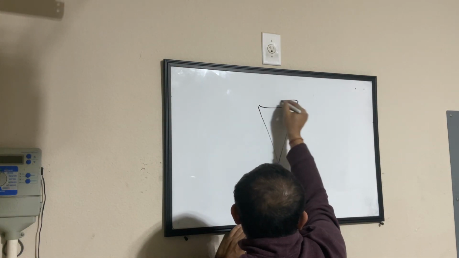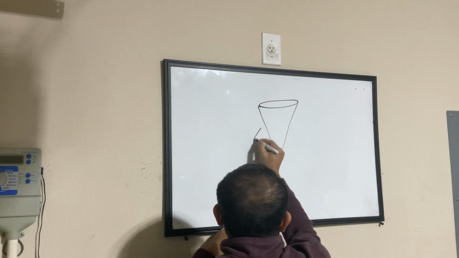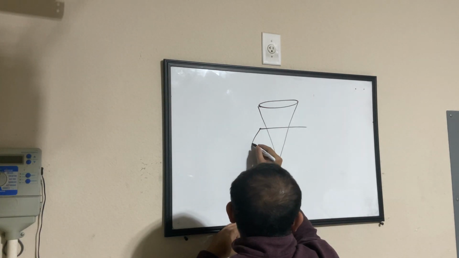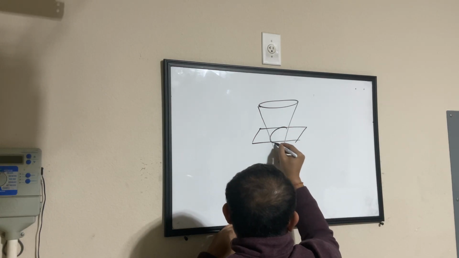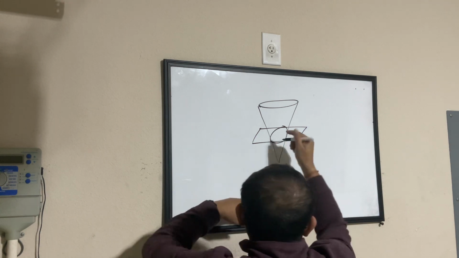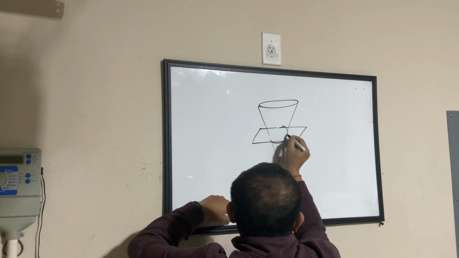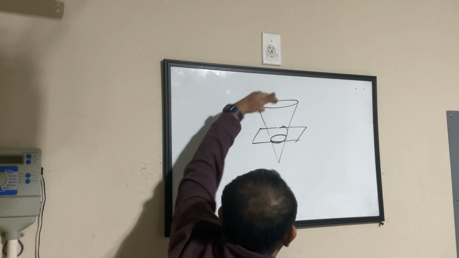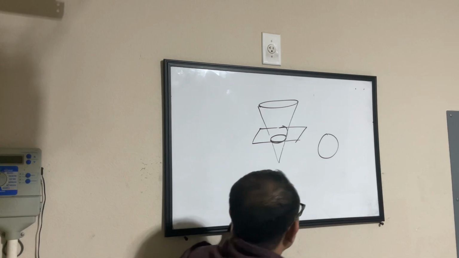So this is your cone. Now again, I'm just repeating myself. I took a horizontal plane that cut this, and when you look at the top view of that, you will see a circle. So this is one part.